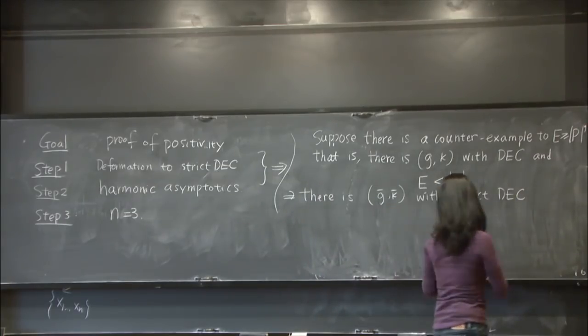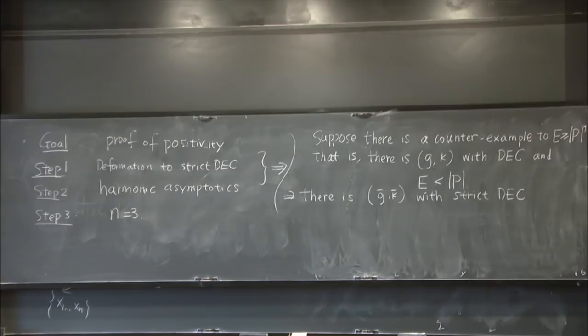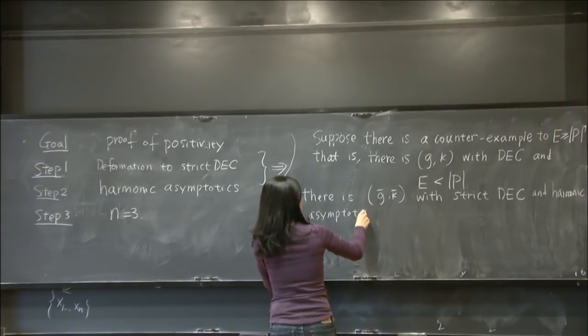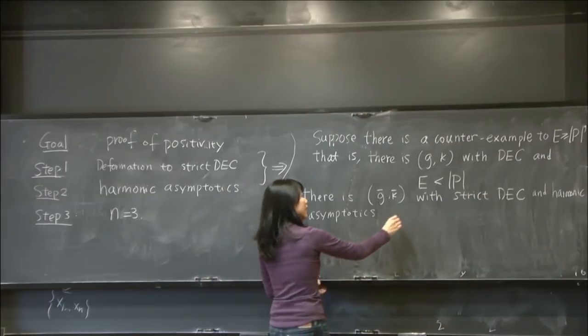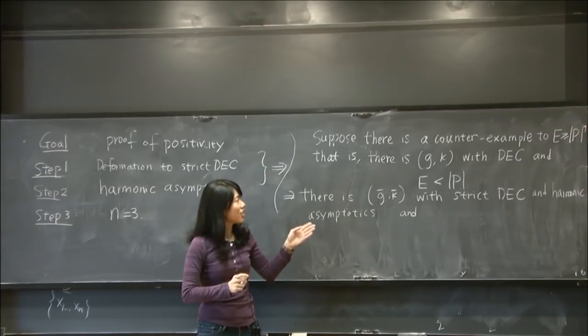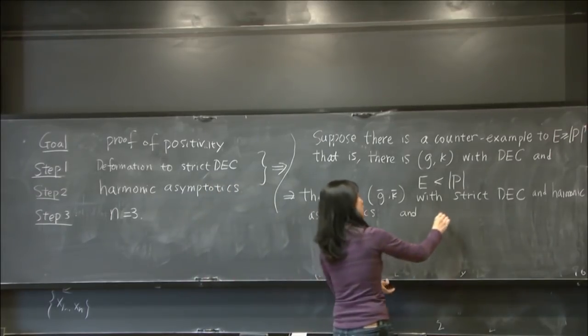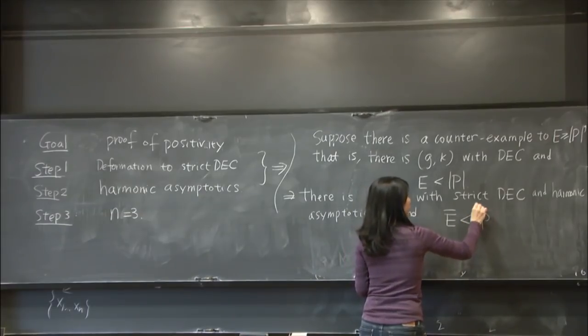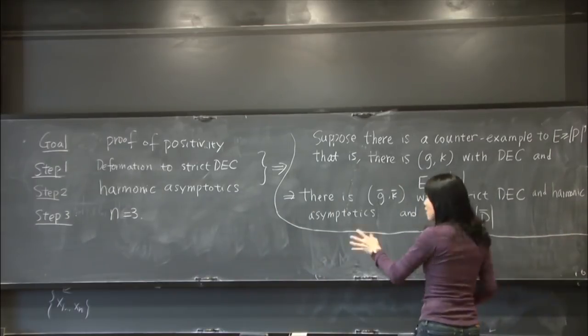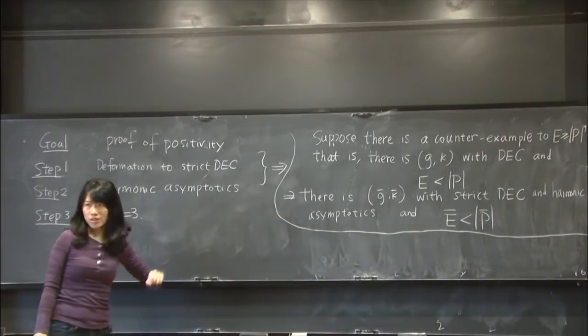With the strict dominant energy condition, somehow we have a strict inequality to work on, and special asymptotics, the harmonic asymptotics. And you make sure all those deformations don't change the energy E and the momentum P too much. So it's still a counterexample. So step 3 will start from this counterexample, and we want to get a contradiction.